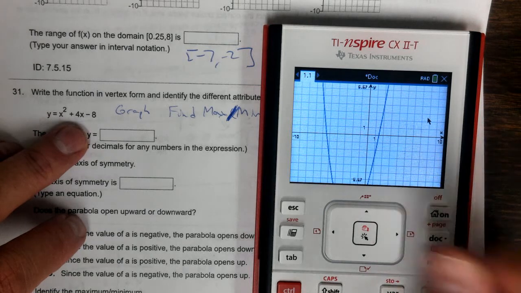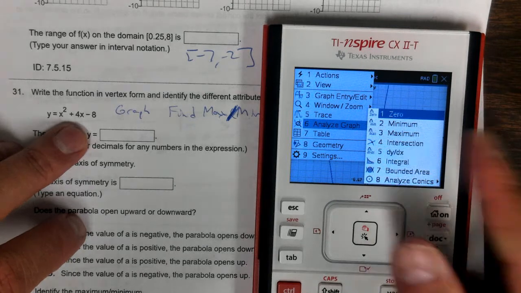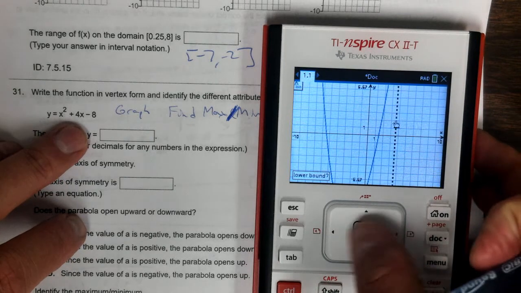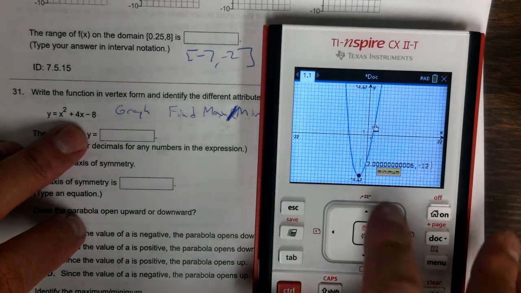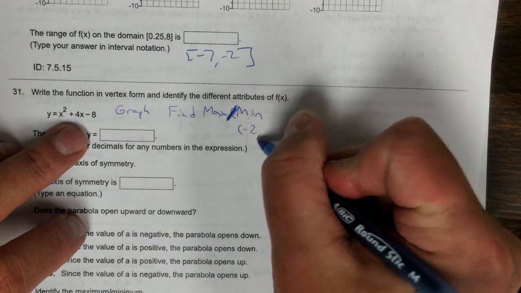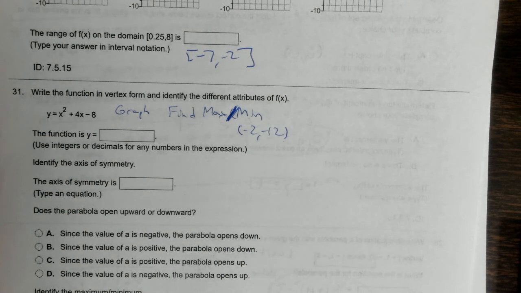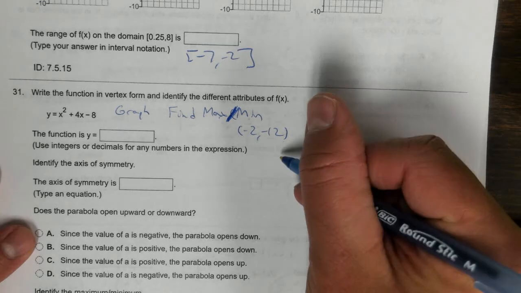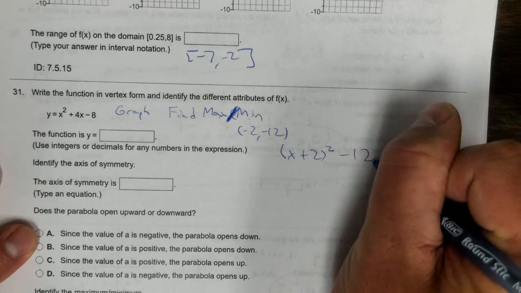It's right there. Do minimum, and so then trap it between here and here, and then we get -2, -12. So then based on that, our formula would be x plus 2 squared minus 12.